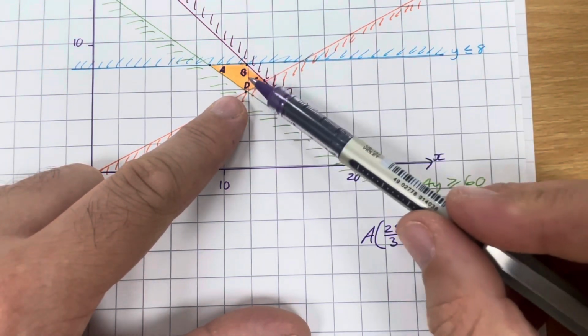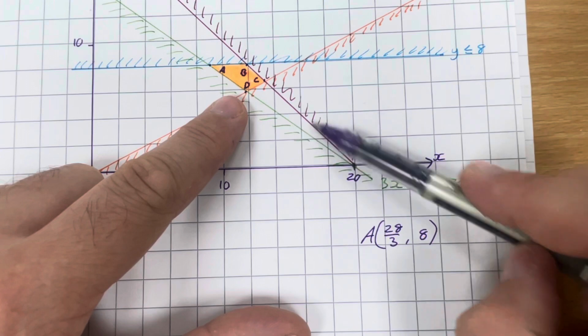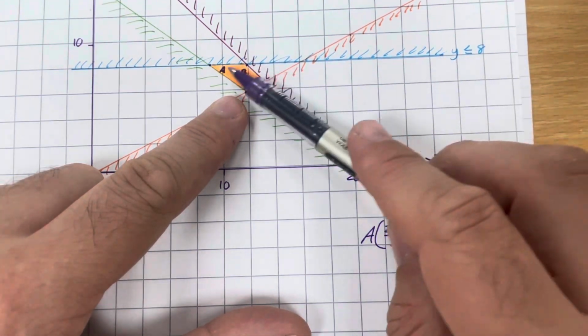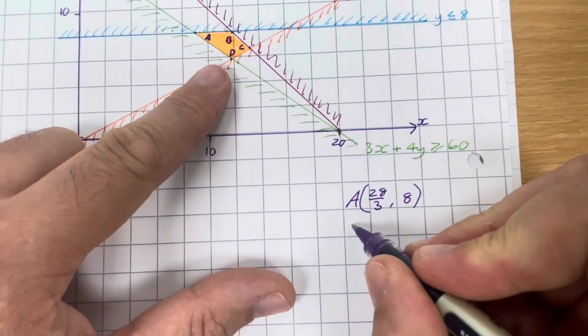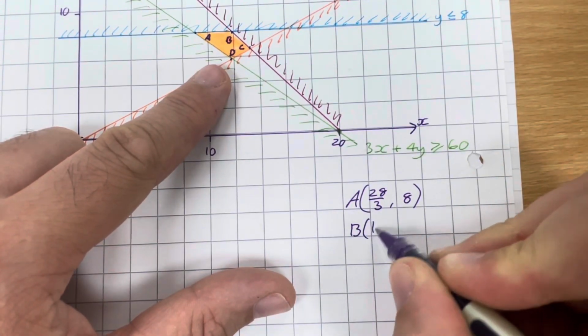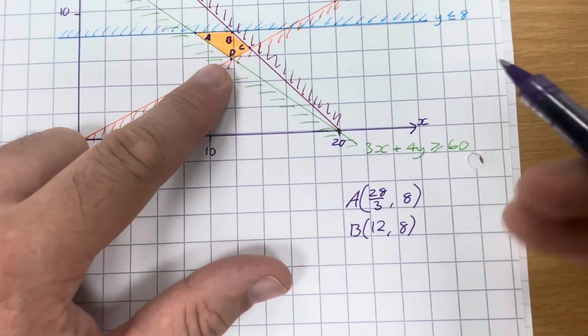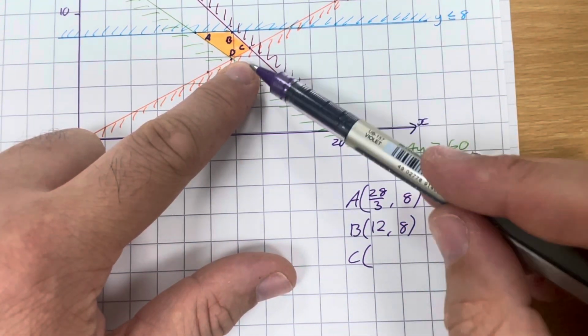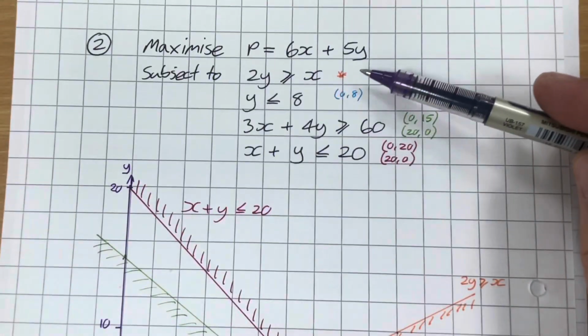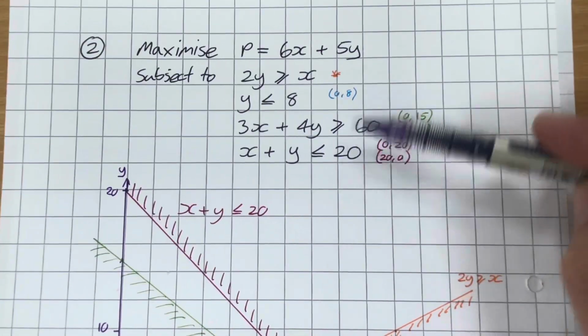The coordinates of B are the intersect of the red line and the blue line. So again, y is going to be 8, but this time x is going to be 12. So the coordinates of B are 12, 8. The coordinates of C, intersection of the red and the orange. Okay, so mathematically I'm going to be solving these simultaneously.